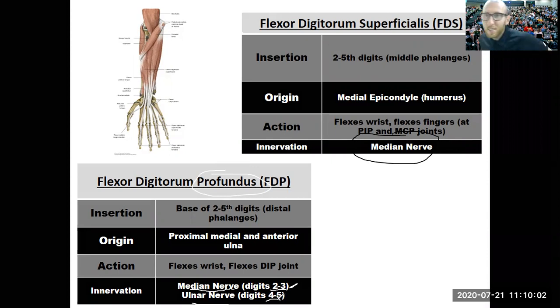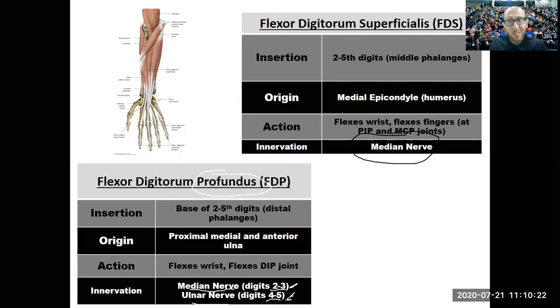That kind of makes sense though, right? Because fourth and fifth digits, pinky, ring finger, that's on the ulnar side of the forearm. So that's where the ulnar nerve is. It's all about proximity. Function follows form, especially when we can see these divisions.